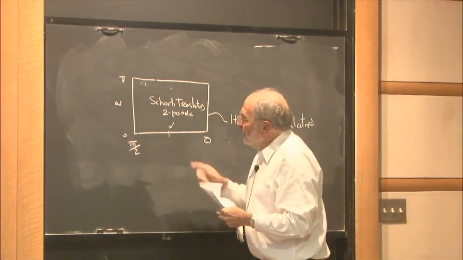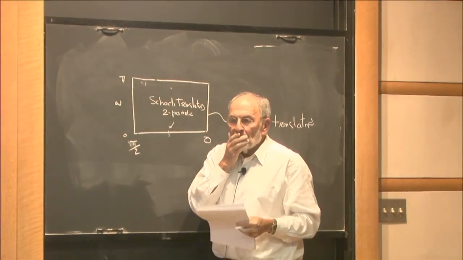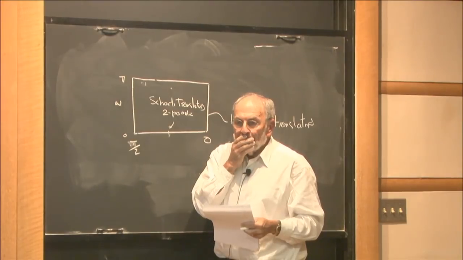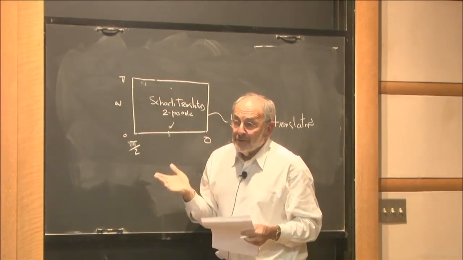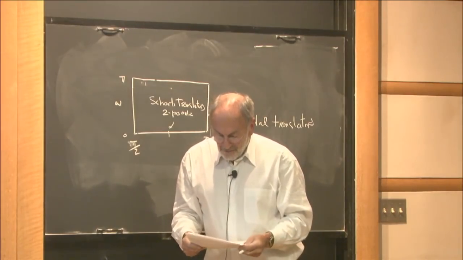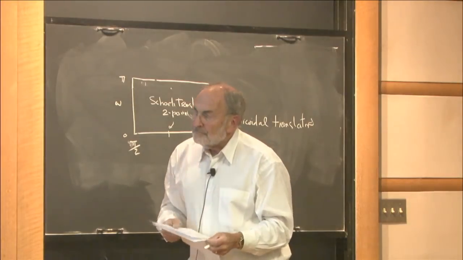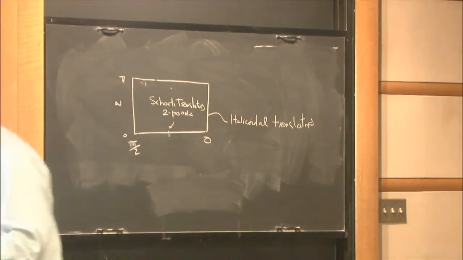Anybody want to guess what happens if we go up to this line when the width is pi? For minimal surfaces, there's no analog. But you do get something.